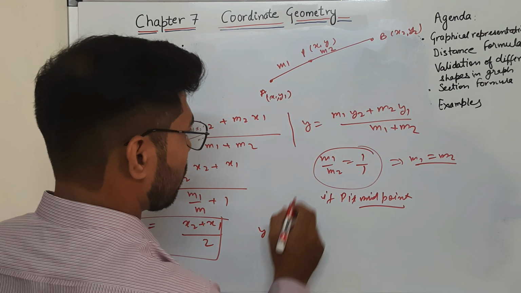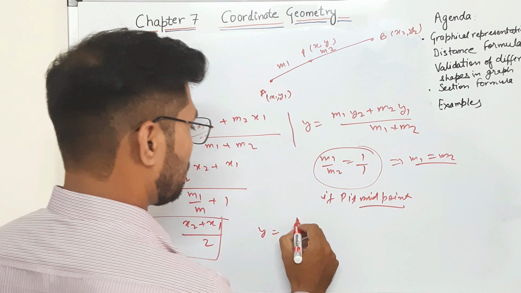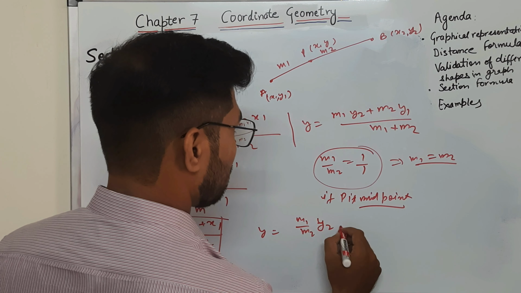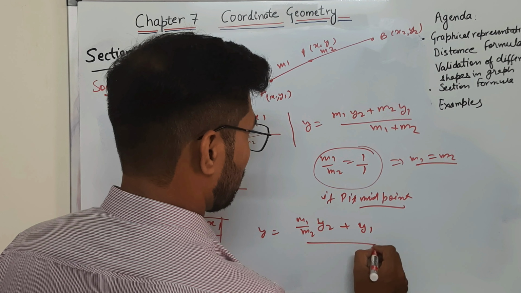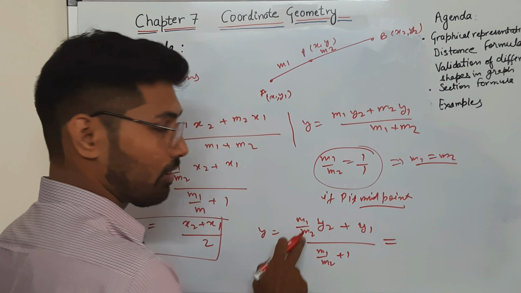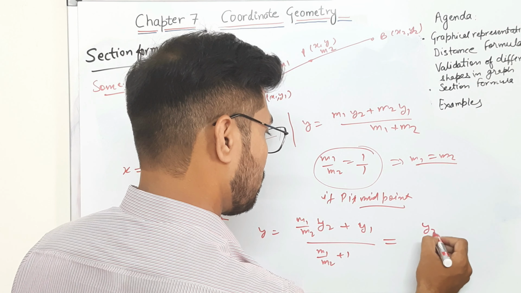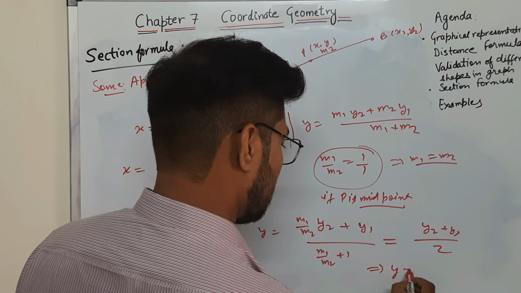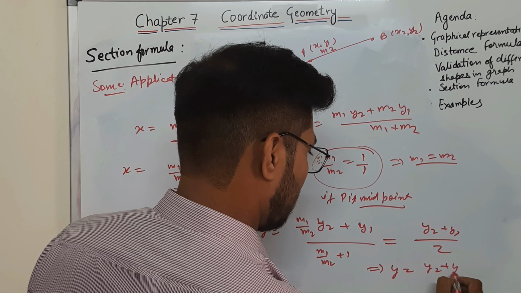And what will the y coordinate be? Divide this by m2, so you will get (m1 upon m2 times y2 plus y1) upon (m1 upon m2 plus 1). Since m1 upon m2 is 1, you will get (y2 plus y1) upon 2. Implies that y is equal to (y2 plus y1) upon 2.